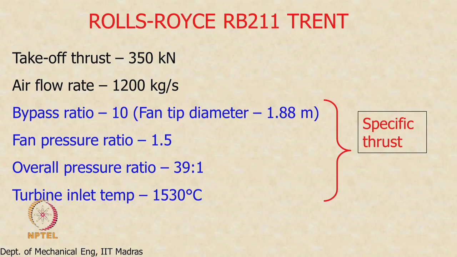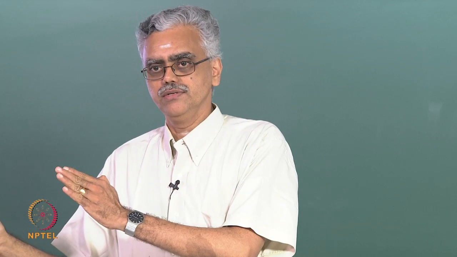That is 1.2 tons of air per second that the engine sucks in. It is a huge engine. And here we are talking about bypass ratio. A bypass ratio of 10 means 10 times as much air goes through the fan as goes through the core engine. In fact, for every kilogram of air that goes through the core engine, 10 kilograms goes through the fan.